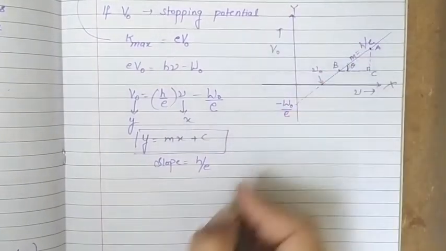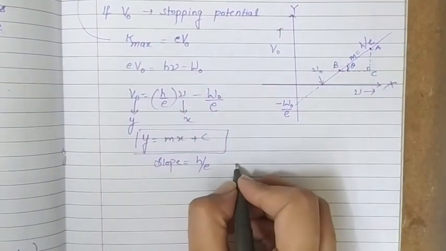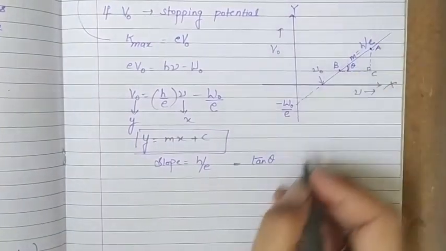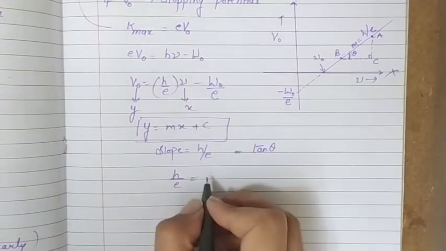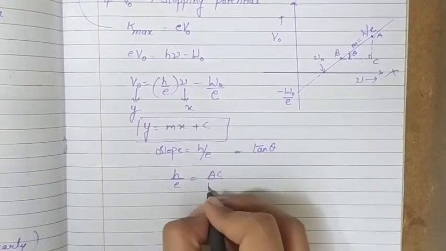This is x, this is y. So the slope is equal to h upon e, and it is equal to tan theta. Now from the triangle ABC, tan theta is equal to perpendicular upon base, that means AC upon BC.